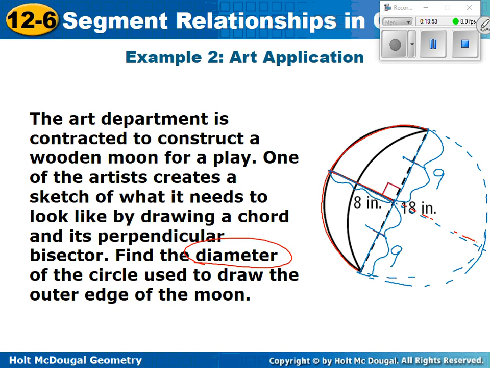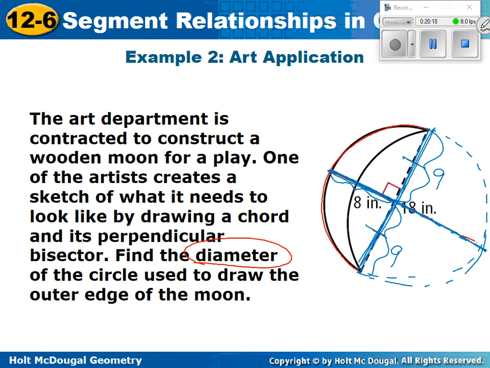So let's take what we learned today about these chords. I've got this chord intersecting this chord, which turns out to be the diameter. Where do they intersect? Inside the circle. So what's my rule going to be that I'm going to use? Part times part equals part times part.